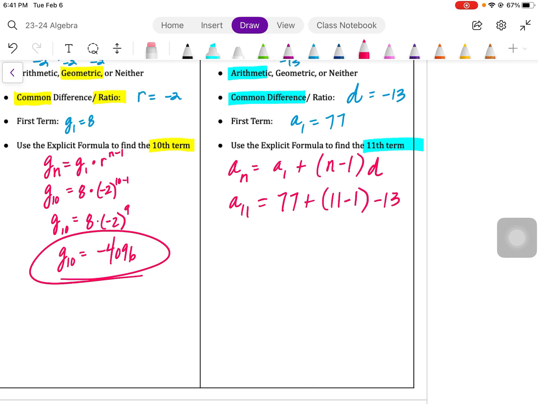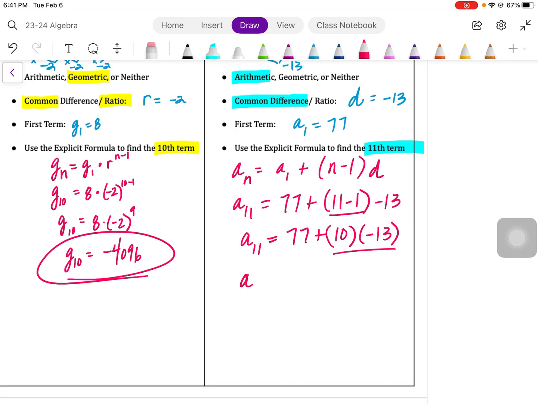Again, let's make sure on this one we're using order of operations. So I'm going to subtract inside my parentheses. So that's plus, and then we have 10. Make sure you see that we're multiplying by negative 13, so we have to do that before we can add the 77.